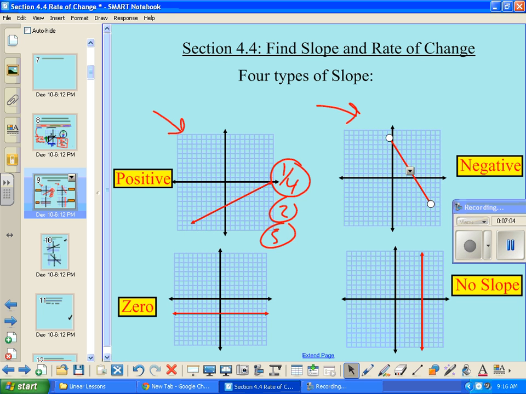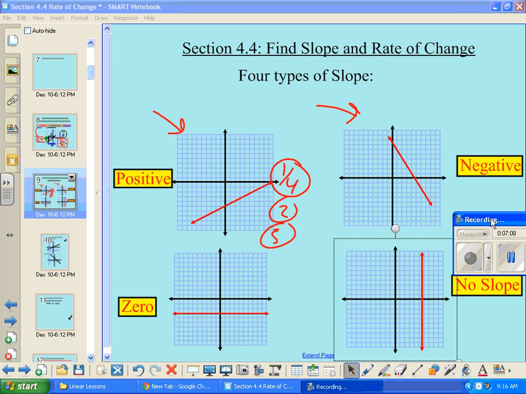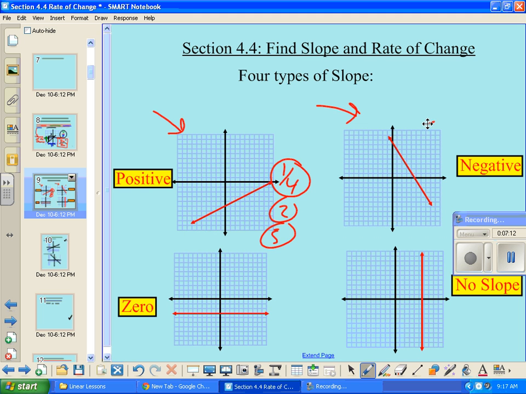Any line that's going down and to the right is going to be a negative slope line. What I love about the connection for this is it makes sense that if I find the slope of this kind of line, then I'll get a negative number, like let's say -2, or -5/2, or -1/3. So the numbers also go along with what you find for the different types of slope.